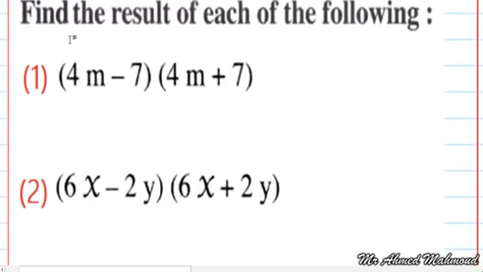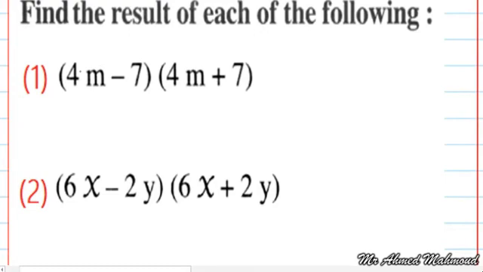In this example, find the result of each of the following. He doesn't tell us whether this is a special case or not. We have to notice this by ourselves. We have here 4m minus 7 and 4m plus 7. 4m, negative 7, positive 7. This is a special case.